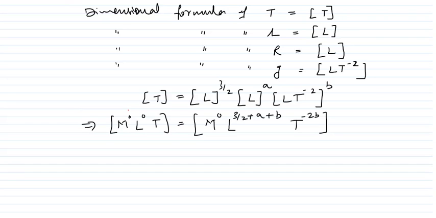Now what are the dimensions of M? Here you can see dimensions of M are 0 and here is 0, so both are equal.